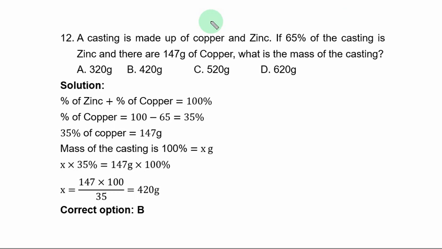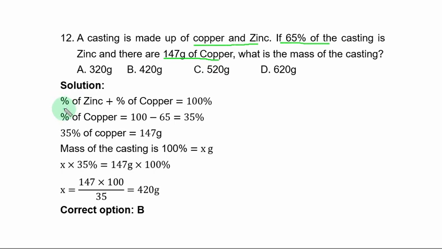Question 12. A casting is made up of copper and zinc. If 65% of the casting is zinc, and there are 147 grams of copper, what is the mass of the casting? The total casting is 100%.